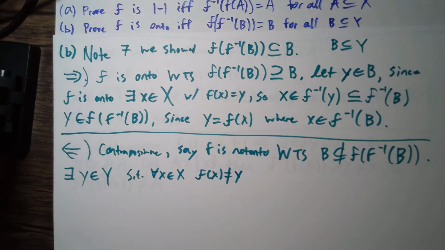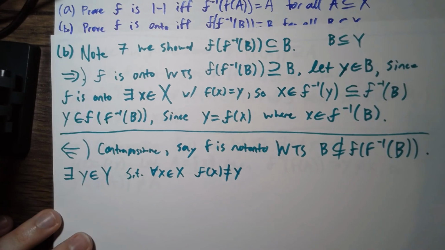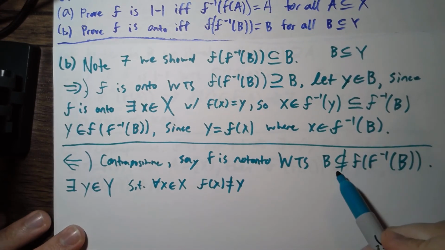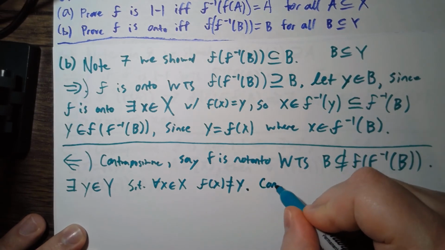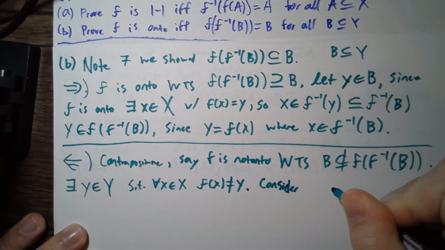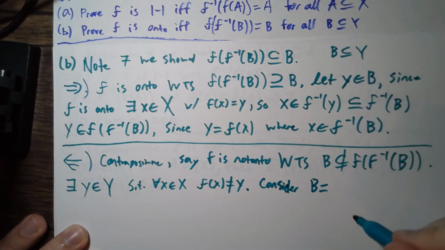So we want to show that we don't have this inclusion. We can just take B to be the set containing y.